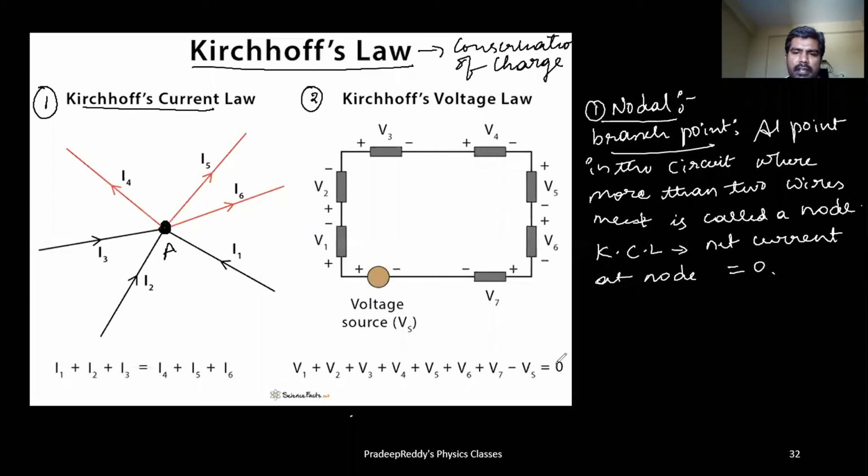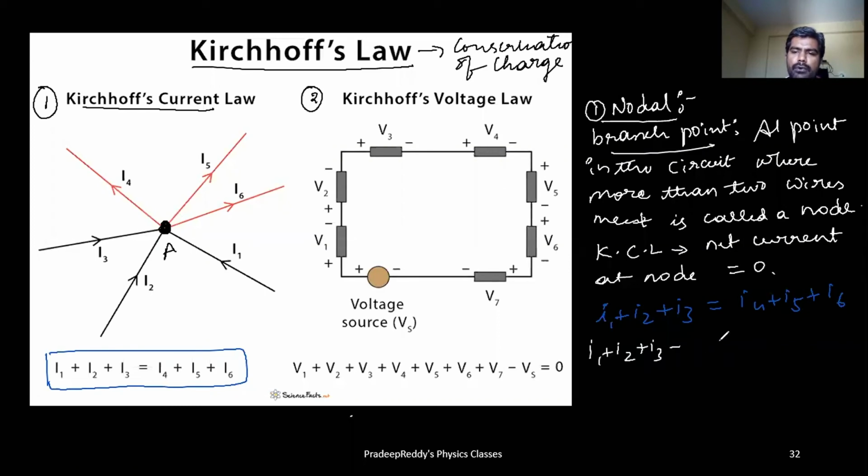Whatever current comes to this nodal point cannot stay there; it should leave through those paths. So the net current at the nodal point is 0, or the current entering the nodal point is equal to the current leaving it. I1 plus I2 plus I3 is equal to I4 plus I5 plus I6. So you can write I1 plus I2 plus I3 minus I4 minus I5 minus I6 equals 0.